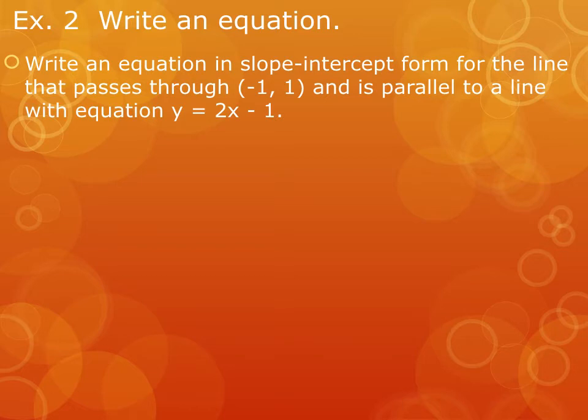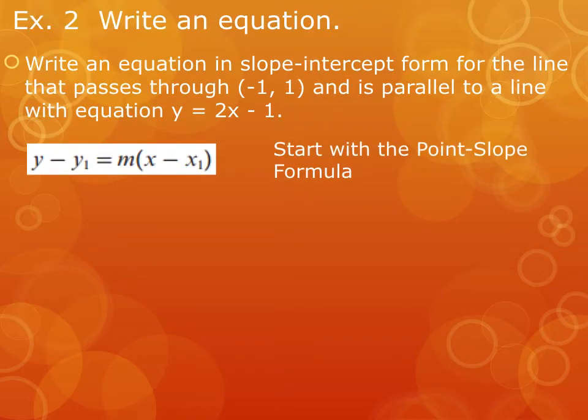But without graph paper, we can start with the point-slope formula. y minus y1 equals m times x minus x1. Now the x1 and y1 will be substituted with -1 and 1 respectively.